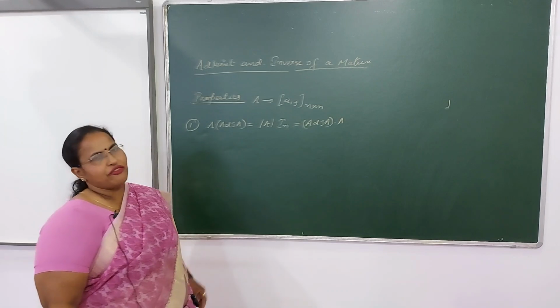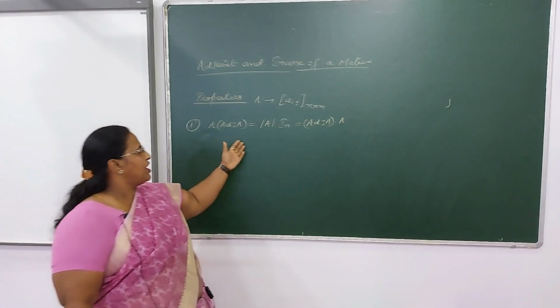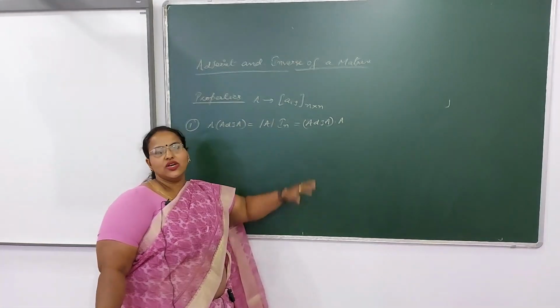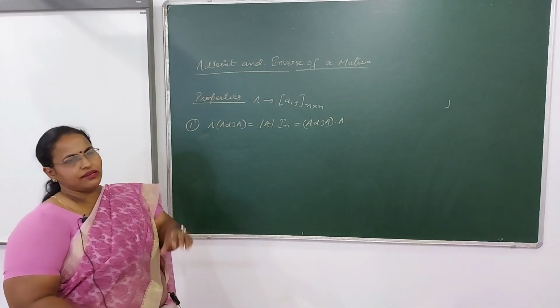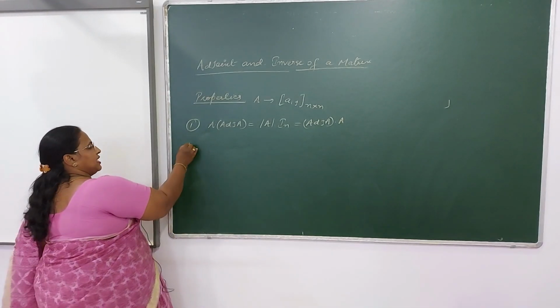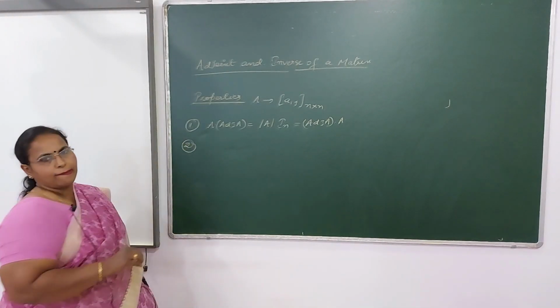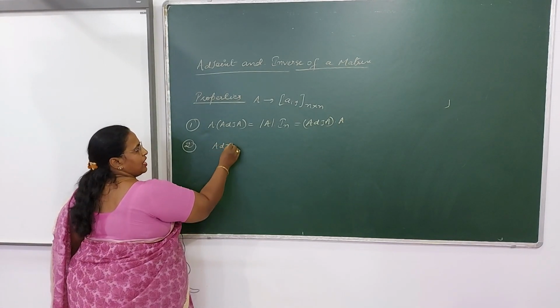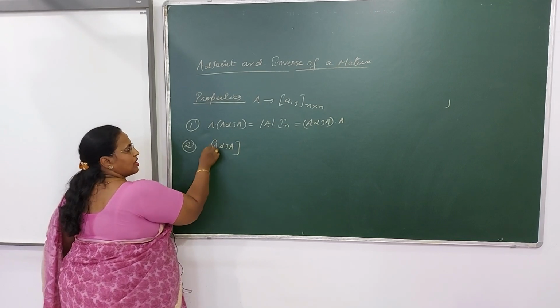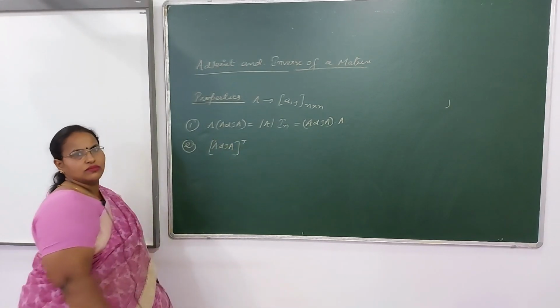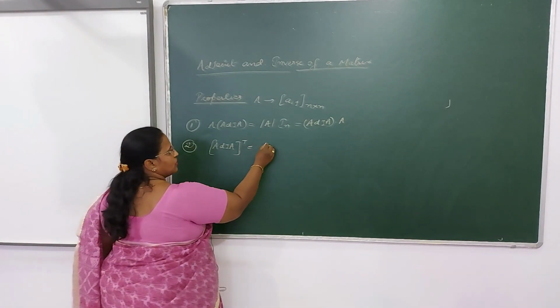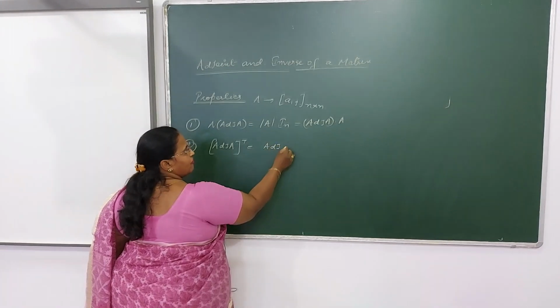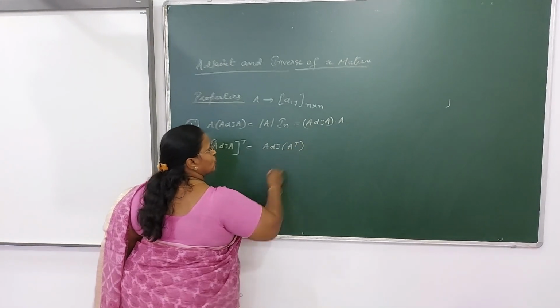A into adjoint of A, this is equal to determinant of A into I, and it is equal to adjoint of A into A. Now the second property, adjoint of A whole transpose is equal to adjoint of A transpose.